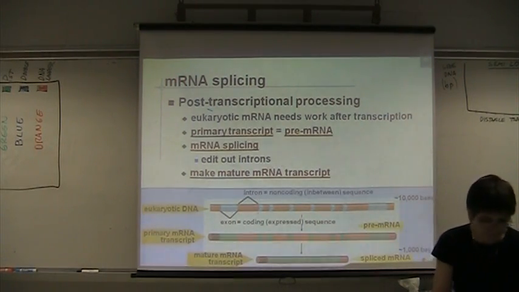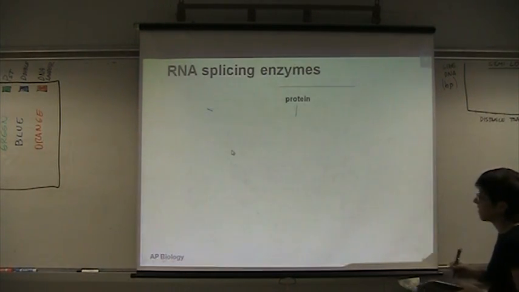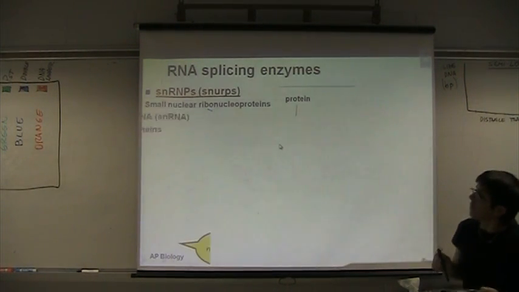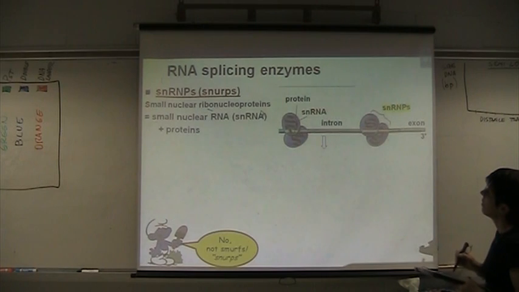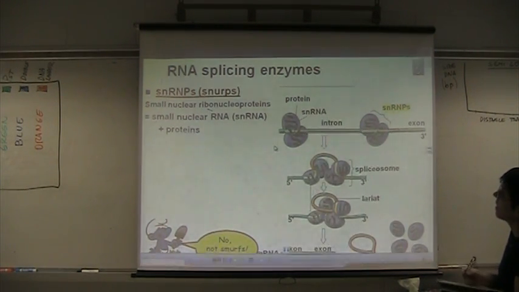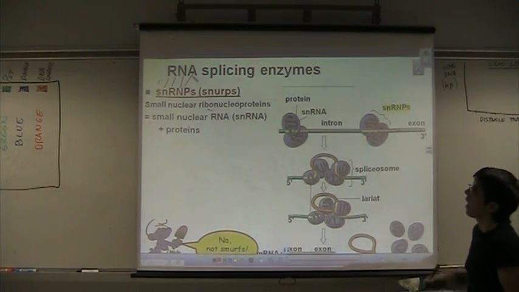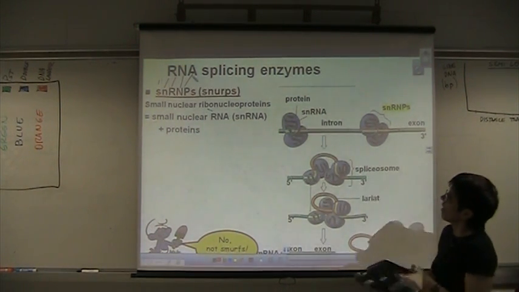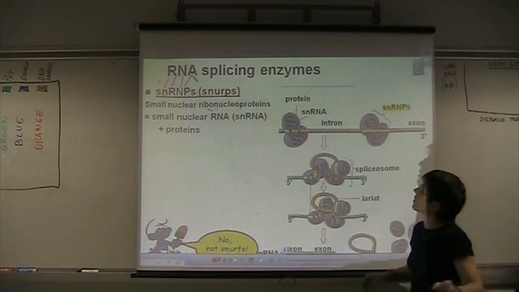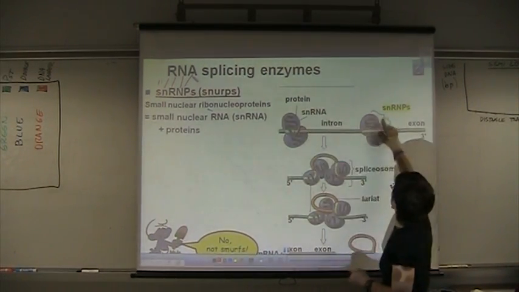Now, who does all this cutting and pasting, all this splicing of the genes? Well, here you have a suite of molecules. What really does the job are these small nuclear ribonucleoproteins. And they are simply SNRPs, small nuclear ribonucleoproteins. And each one of these blobs here is a SNRP.